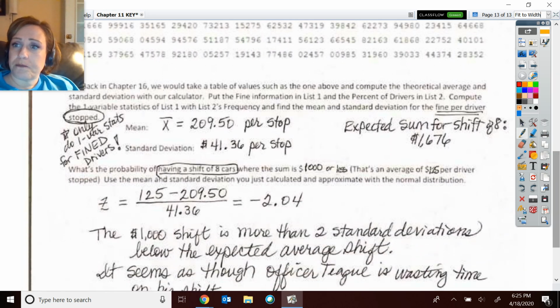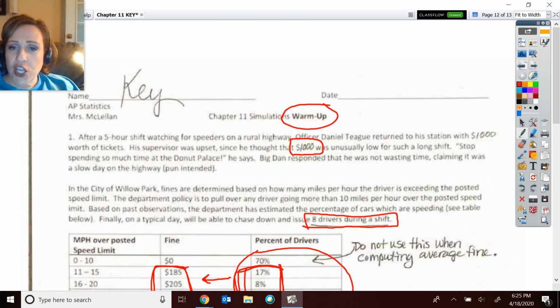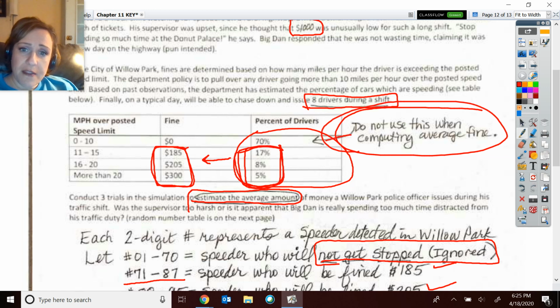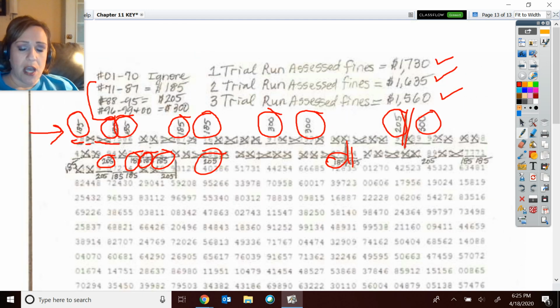So now, over here, let's take a look. I explained to you how to do this next problem, to go back and practice this one variable stats. I said only do this for the drivers that get stopped, and I did mark that on your paper. I gave a note: do not use this here when computing the fines, because those people were not fined or stopped.